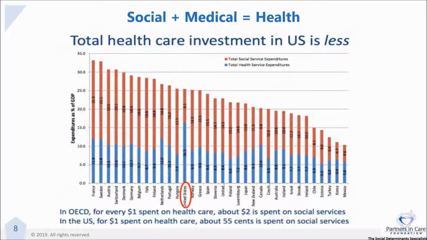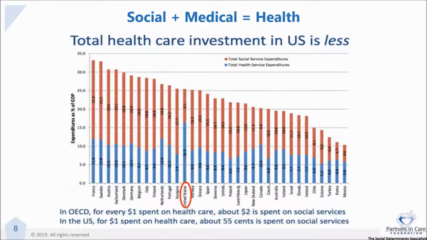And as you can see, a number of the countries on the far left, the European countries that have the best outcomes, spend 2 to 1 on social services to clinical care. And the United States spends about 55 cents in social services for every dollar spent on clinical care. And unfortunately, our outcomes put us 27th amongst nations, and that puts us approximately where Mexico is.